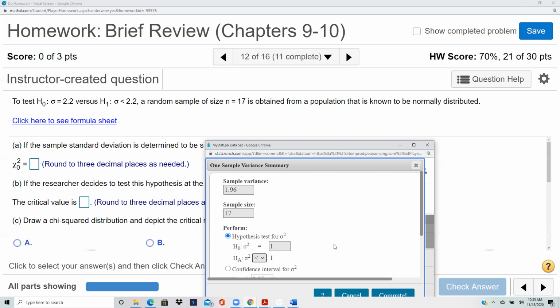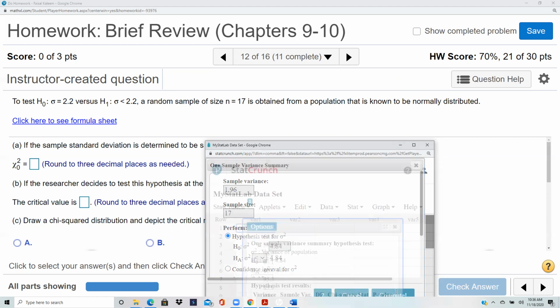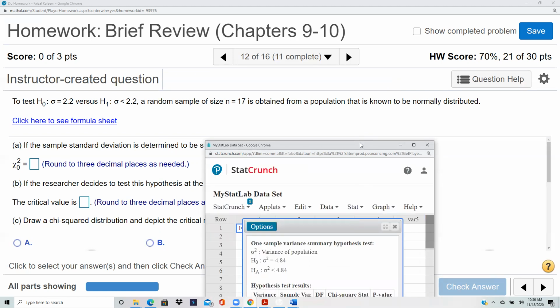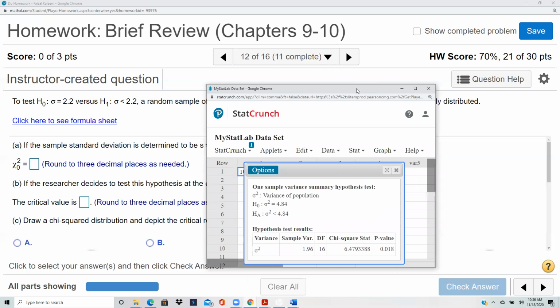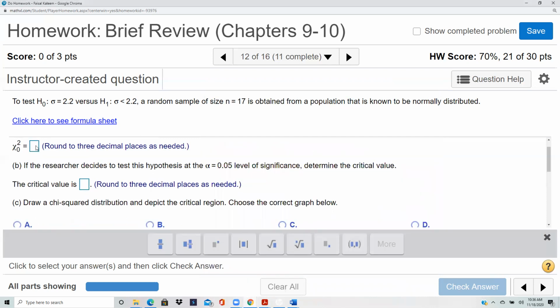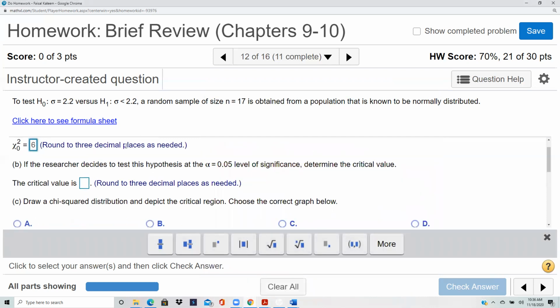Oh no. 2.2 squared, right, because the test is asking for square. 2.2 squared is 4.84. Okay, so 6.479 and the p-value is 0.018.